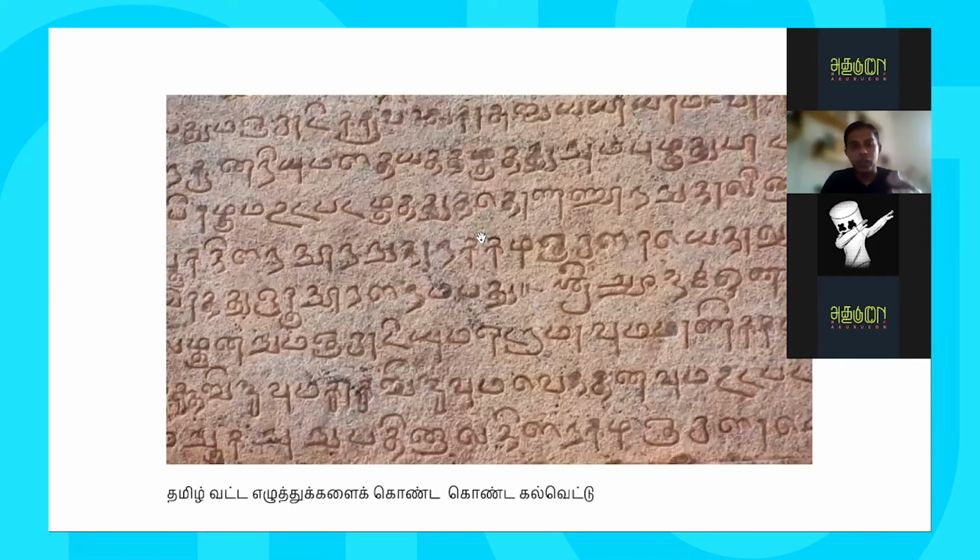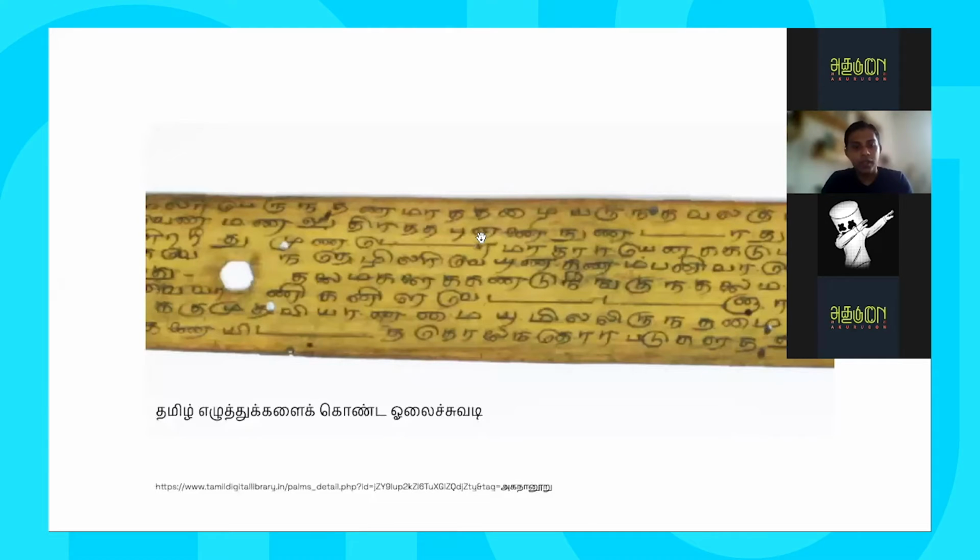If you have this stone, the engravings that you can see here are the Vattaluthu from Tamil, and later it comes to the palm leaf manuscripts, where you can see them. I just want to quickly give you an idea, because we don't have that much time. So let's quickly go through these. But if you want a comprehensive idea, you can still ask a question about it as well.